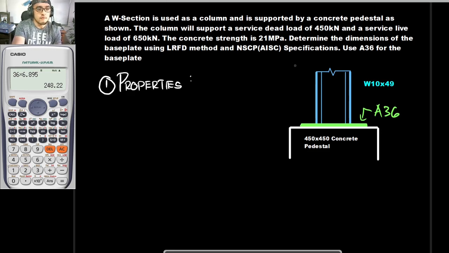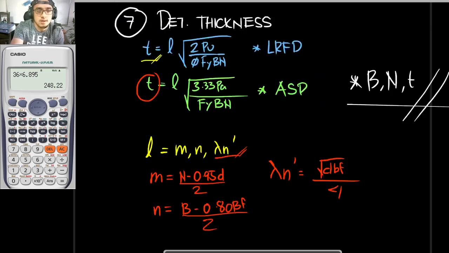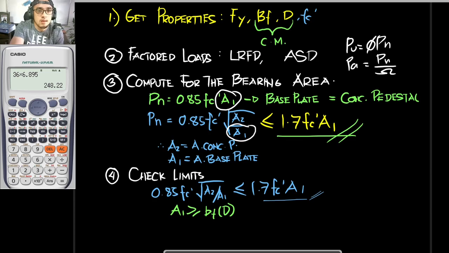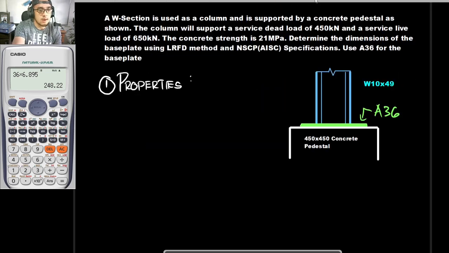Okay, so if we are to get the properties, ano na ulit yung mga properties na kailangan natin? That is to be the Fy, Bf, D, and Fc prime, I should say. Okay, so with those, ang Fy natin, once again, is equal to 248 megapascals.